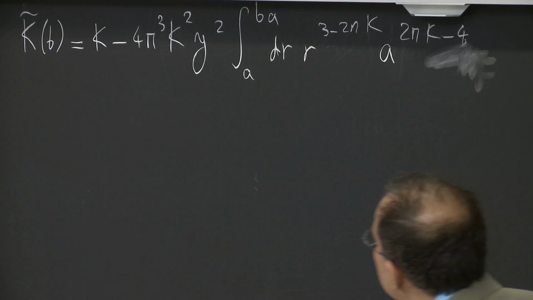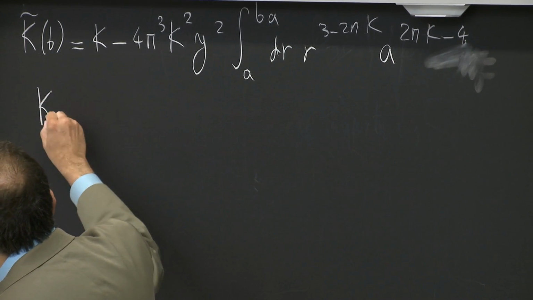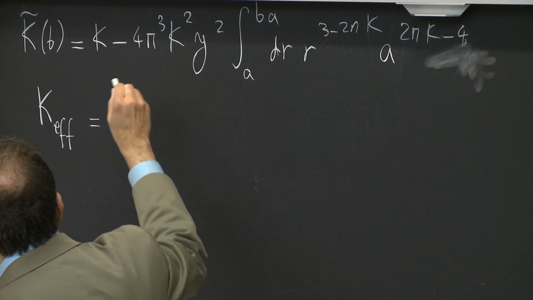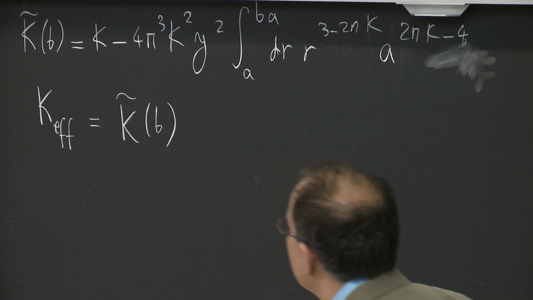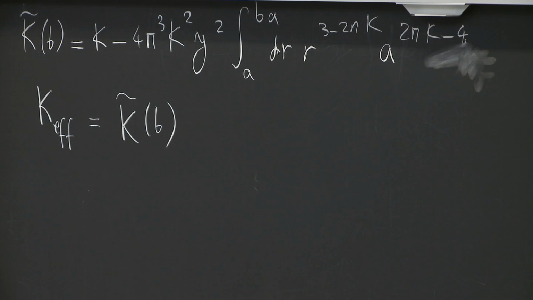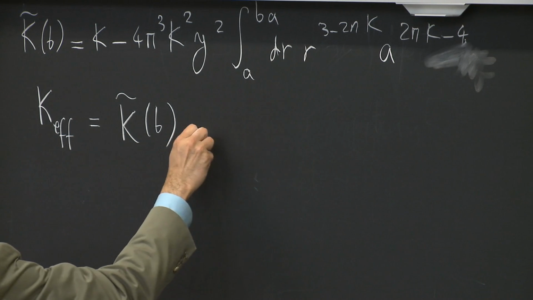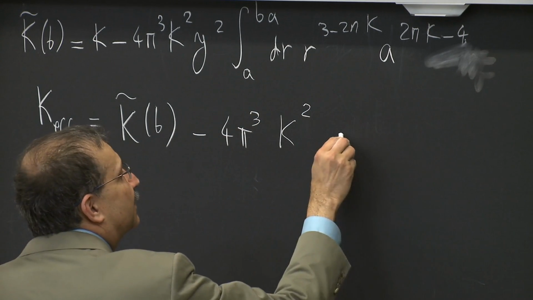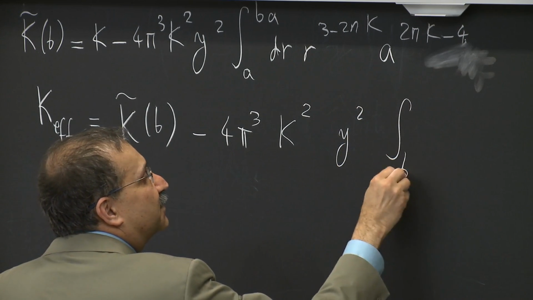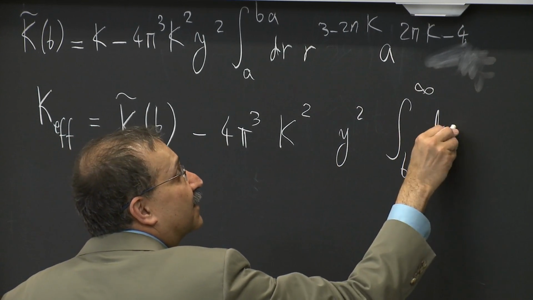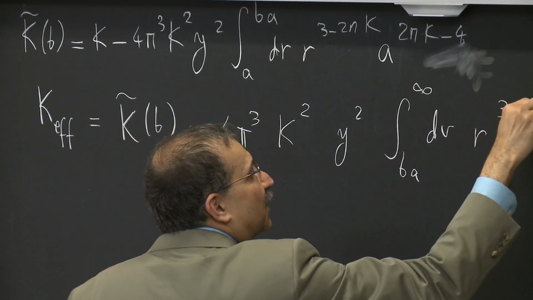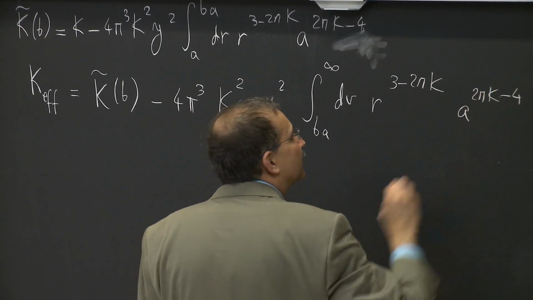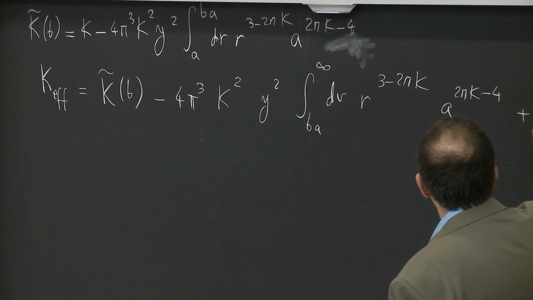And then I can rewrite the expression for K effective to be this K tilde, and then whatever is left, which is 4π³ K² y² ∫ from ba to infinity dr r^(3−2πK) a^(2πK−4), plus order of y⁴.